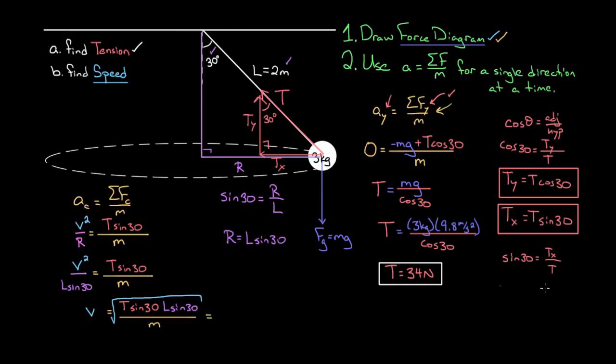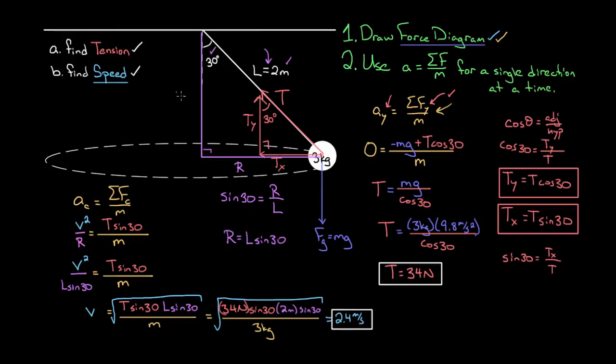So if we plug in our numbers, we get that v is the square root of T, which is 34 newtons, times sine of 30, times L, and this L is referring to this total length, this 2 meters, times sine of 30, all divided by the mass, which was 3 kilograms. Which if you solve gives you a speed of about 2.38, so I'll just say 2.4 meters per second, which is the speed that we were trying to find.